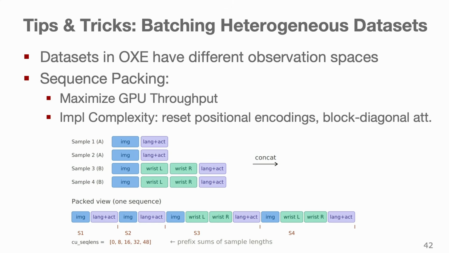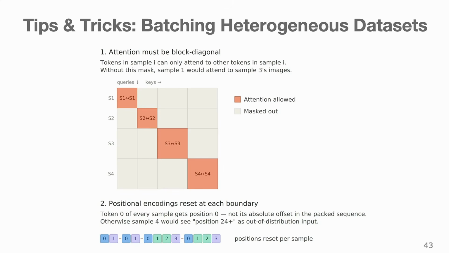The trade-off that you're making when you use the sequence packing approach is implementation complexity. So you'll need block diagonal attention masks so that tokens from different samples don't attend to each other. And also you will need to reset your positional encodings at each sample boundary, which I visualize here, these two concrete implementation challenges I just mentioned.